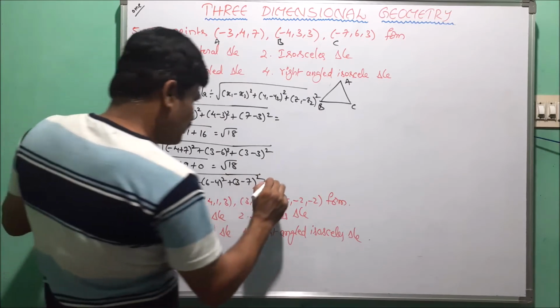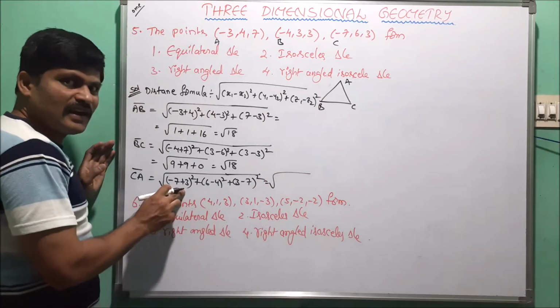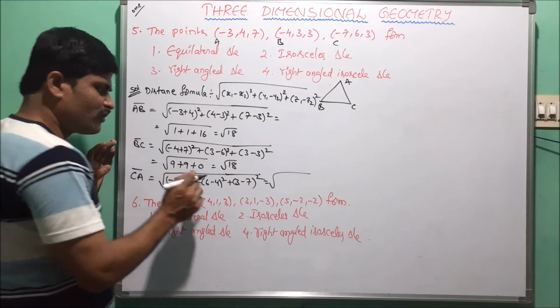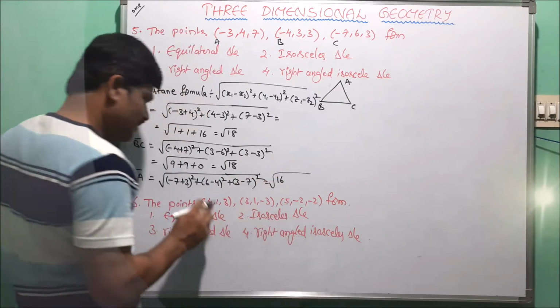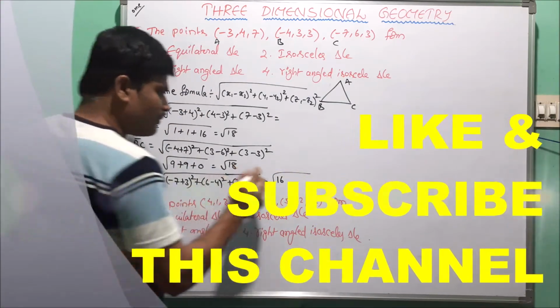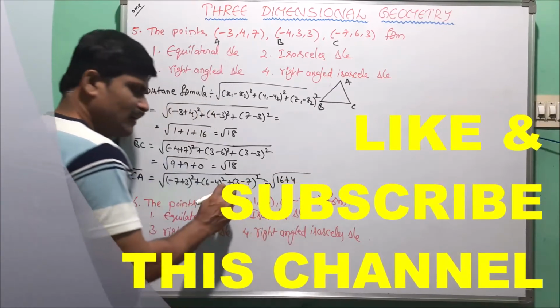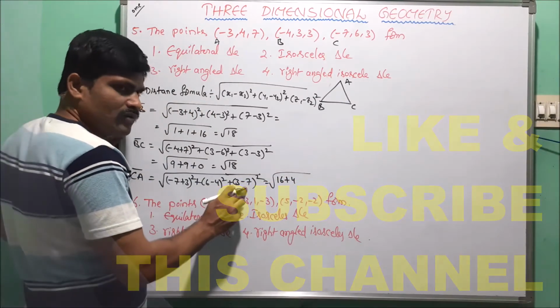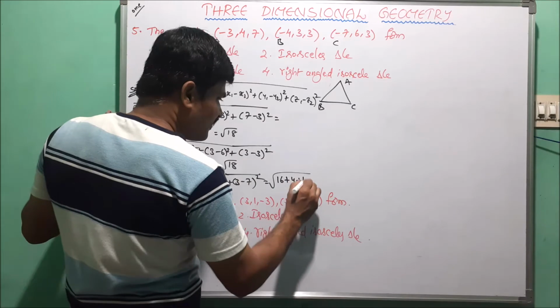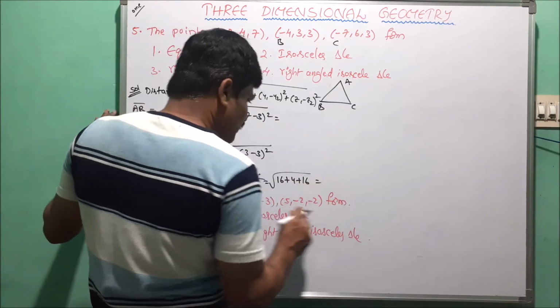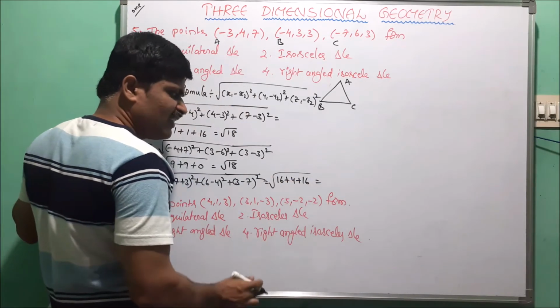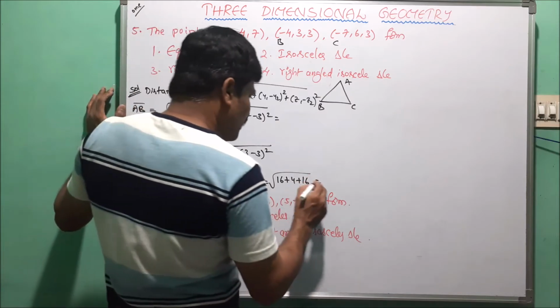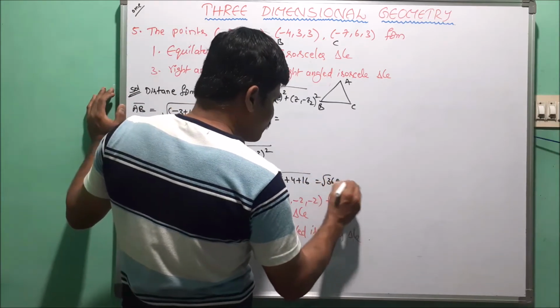Now in that, minus 7 plus 3 is minus 4. Minus 4 square is 16. 6 minus 4 is 2. 2 square means 4. In that this is also minus 4, minus 4 whole square means 16. Now here we write 16 plus 4 plus 16 is 36. Square root of 36 means 6.